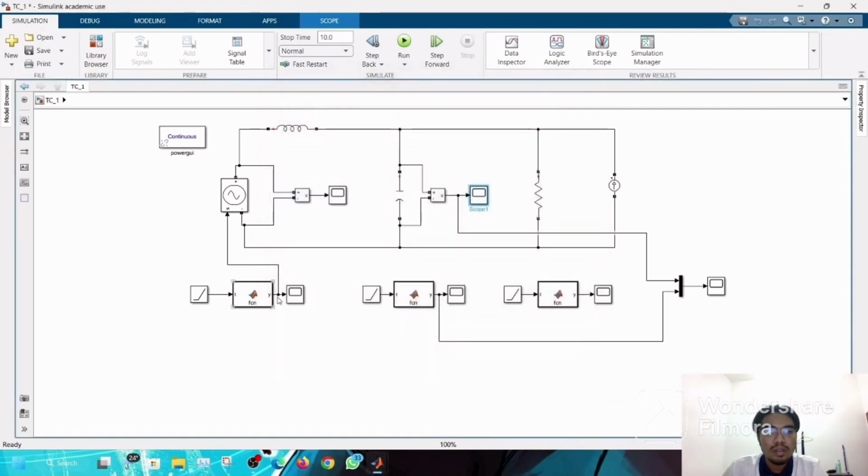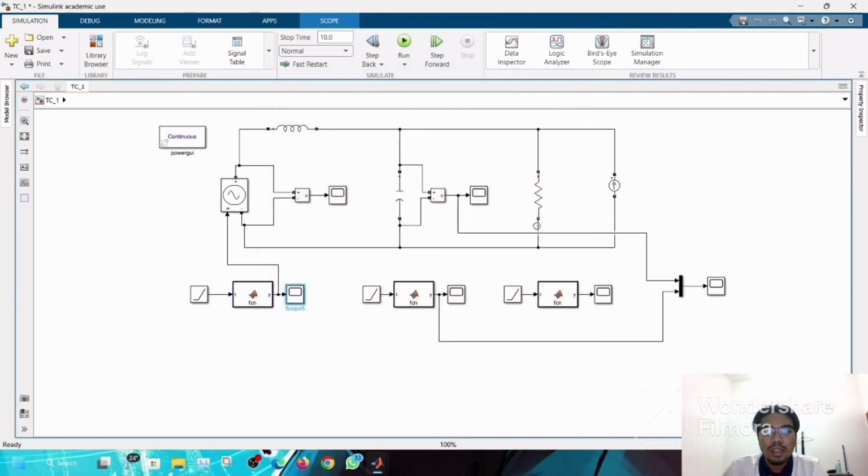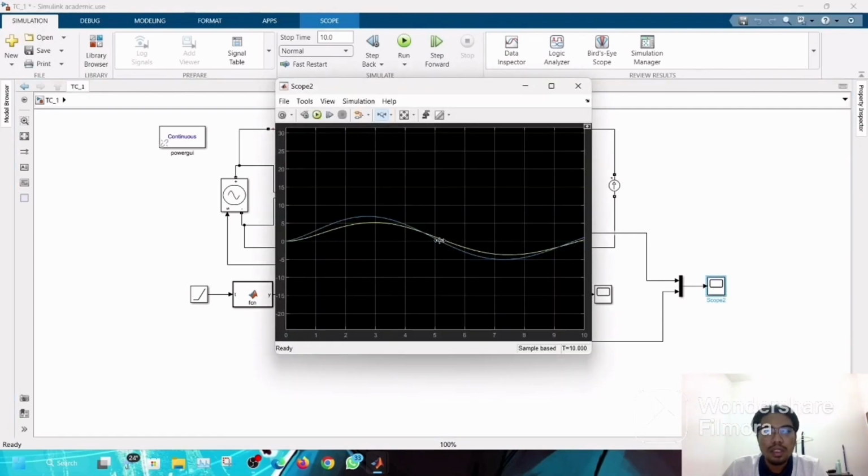So this one for question 10 exponent negative t, and then we compare the waveform in this scope. So this is the waveform for 10 exponent negative t.